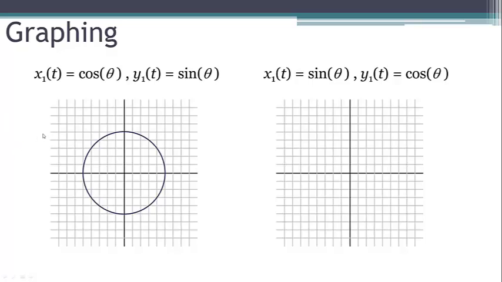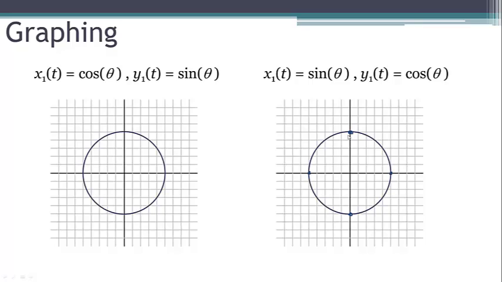However, if we plot some points, again going from 0 to 2 pi, the graph starts at 0 comma 1, then goes to 1 comma 0 when theta equals pi over 2, then around to 0 comma negative 1, negative 1 comma 0, and finally back to the starting point when theta equals 2 pi. And again, you see, we get the same circle here.